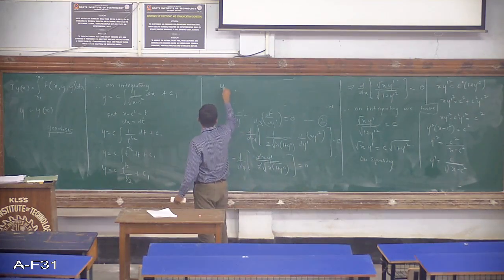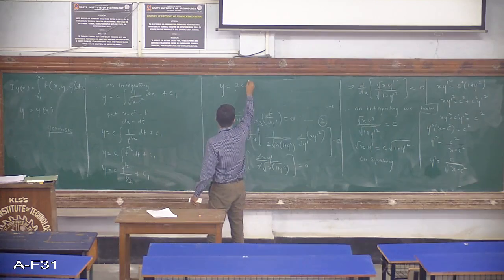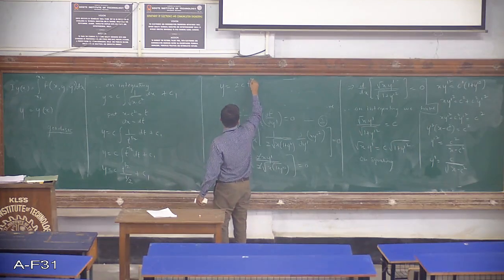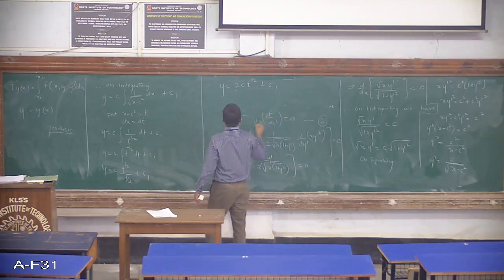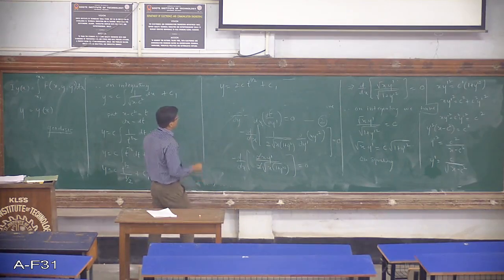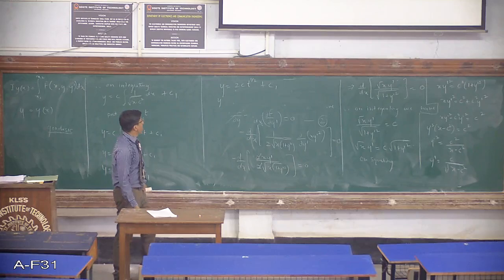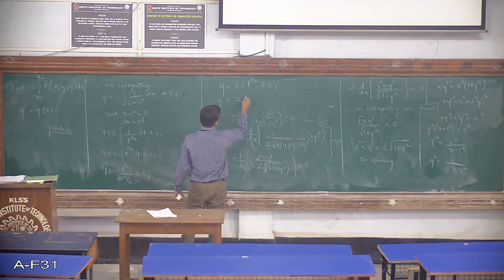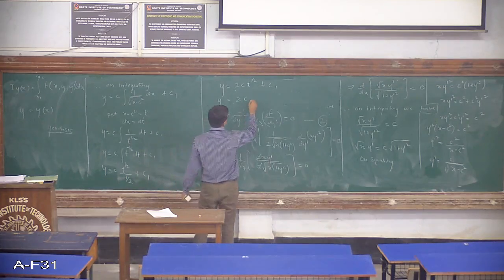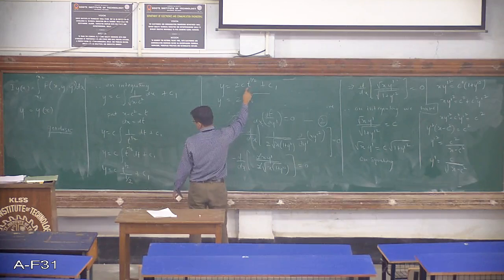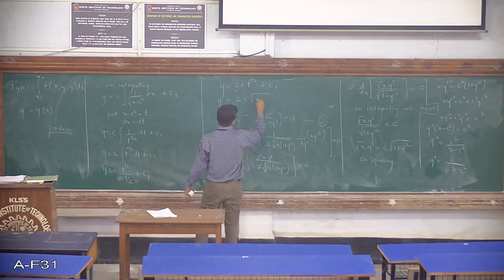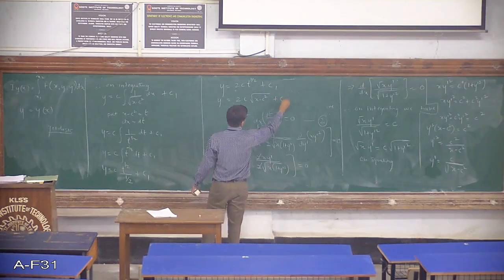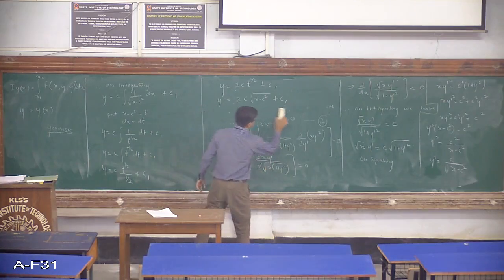Therefore y is equal to 2c t power 1 by 2 plus c1. Now y is equal to 2c times the square root of the value of t, that is x minus c square, plus c1.